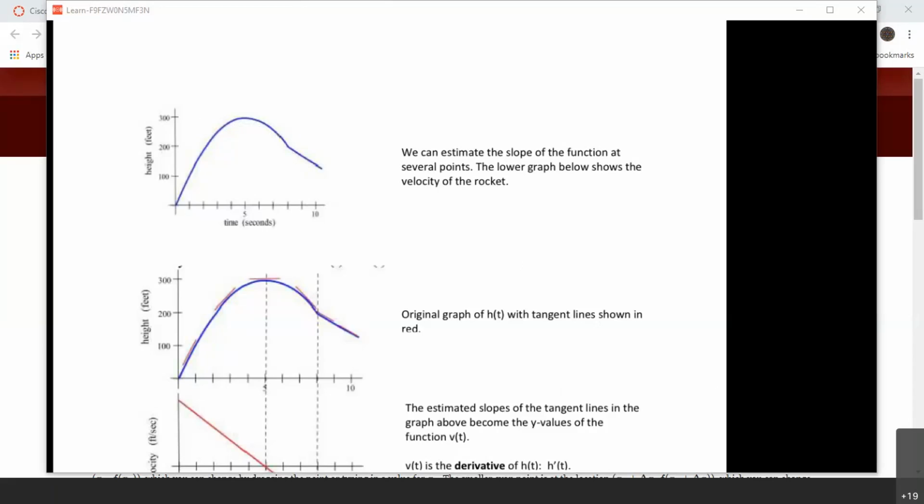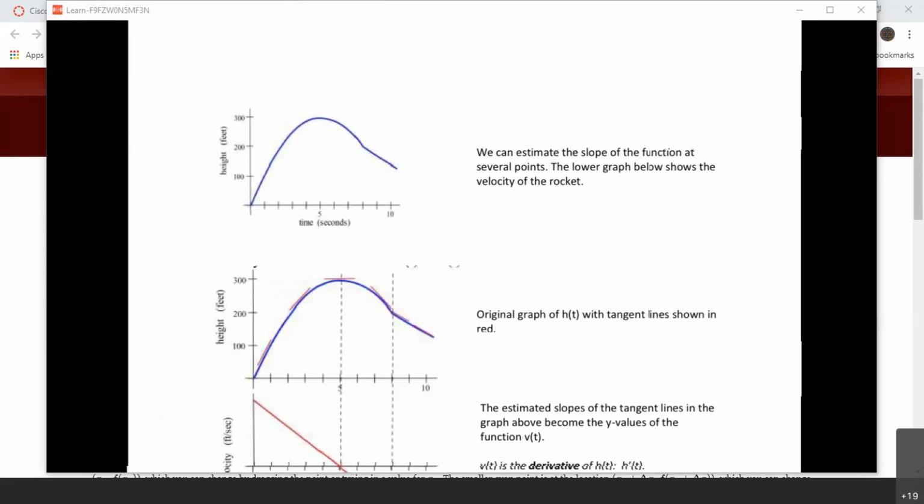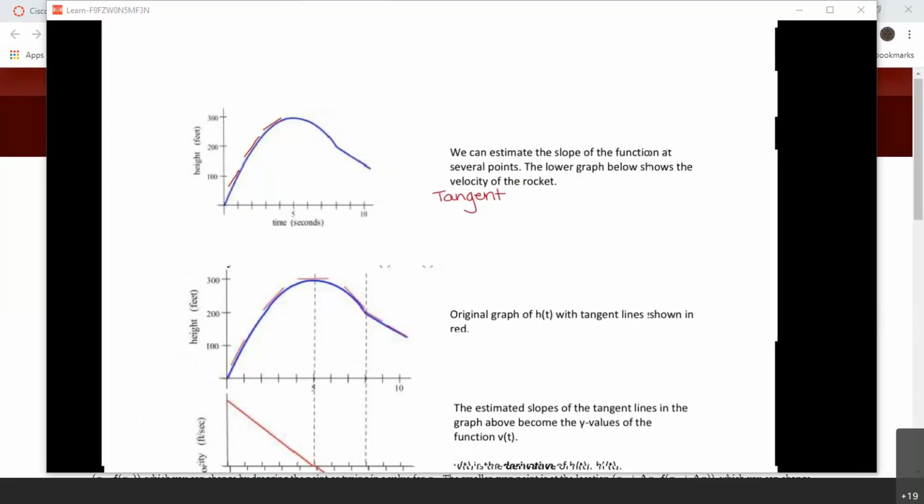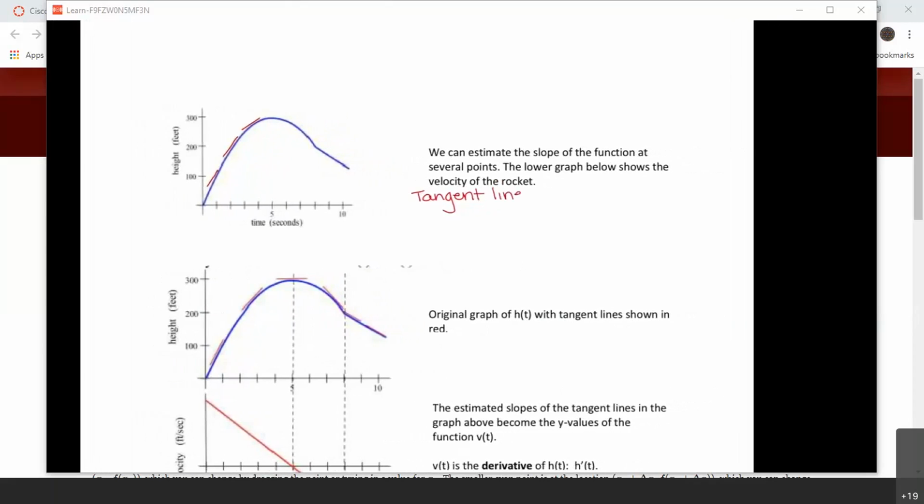Okay, so let's take a look at what we might notice about this graph. First of all, let's imagine we're looking at tangent lines to the graph. You can see the tangent lines have positive slope as the rocket's climbing, before it reaches its maximum height.